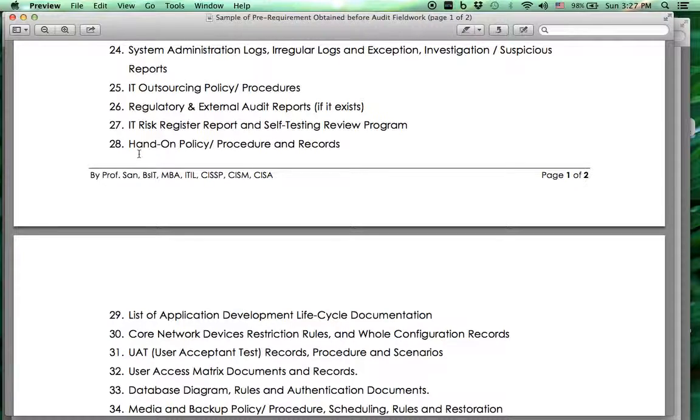And number 28, handover policy or takeover policy. You need to obtain the policy and procedure and record. For example, you assess the IT project, the mega IT project that has many stakeholders. The project, for example project A, has five stakeholders.